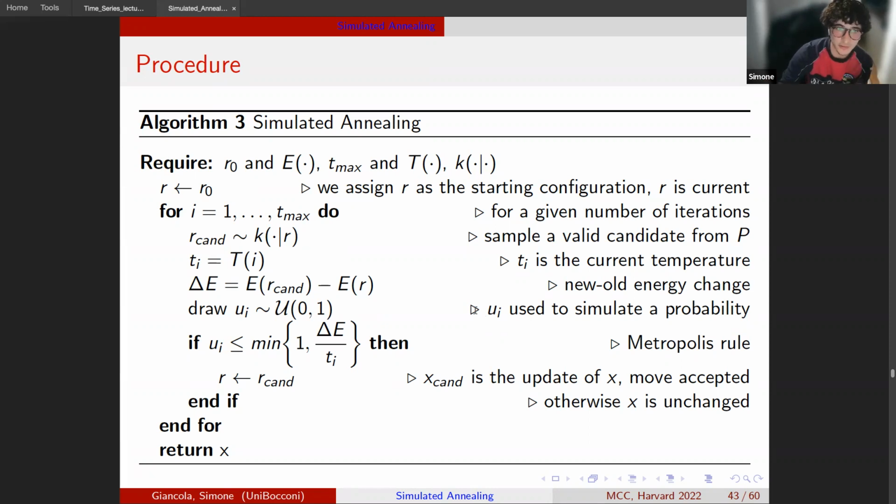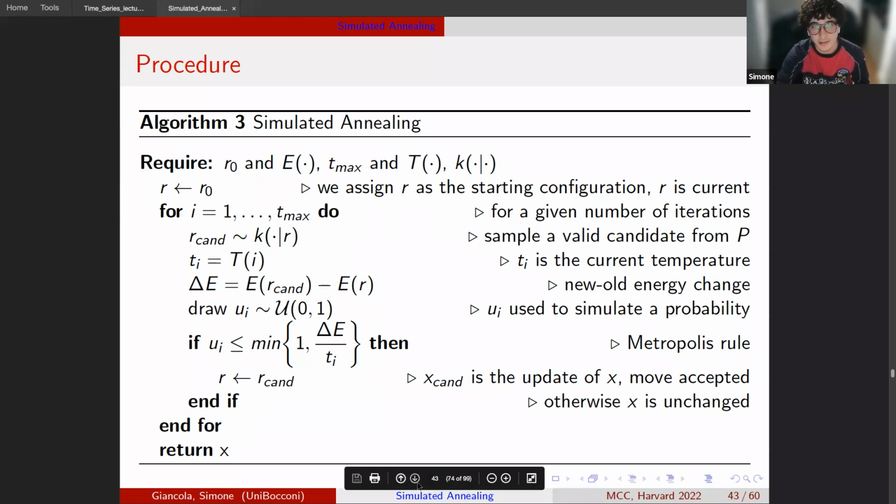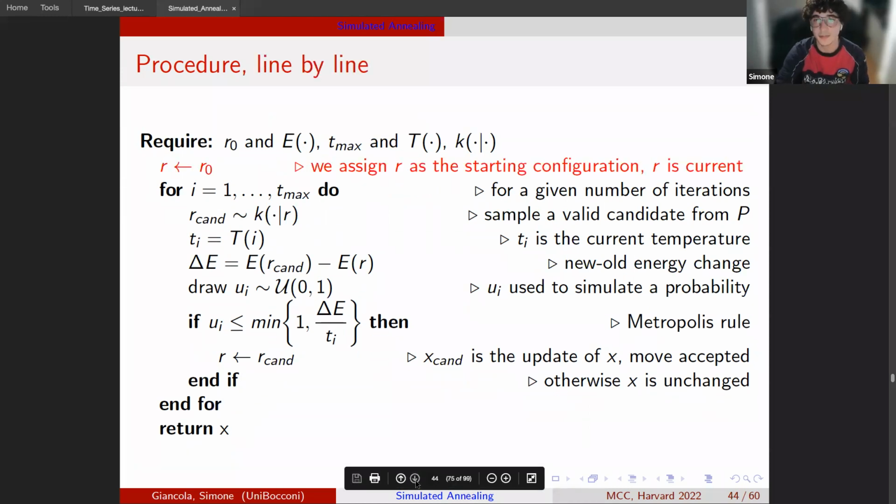In terms of algorithmic procedures, this implies having a starting configuration, an energy distance function, a number of iterations, a temperature schedule, and a way to sample a kernel, which is the proposal matrix. We just start from this random configuration, and let's do this line by line.